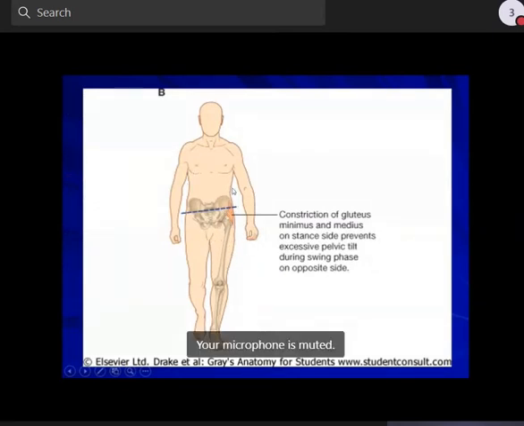If the whole body is supported only on one lower limb, normally the pelvis would be tilted towards the opposite side, but two gluteal muscles, medius and minimus, strongly contract to prevent an excessive pelvic tilt towards the opposite side.